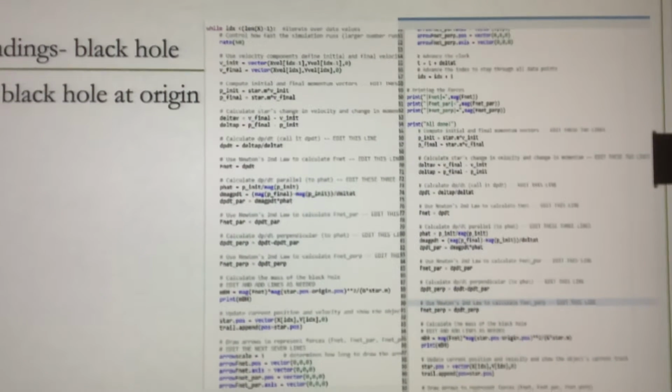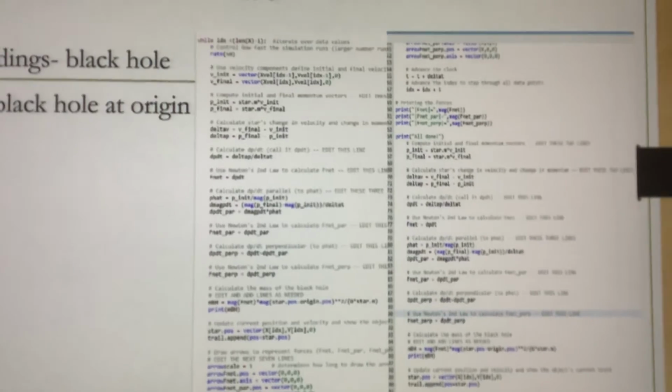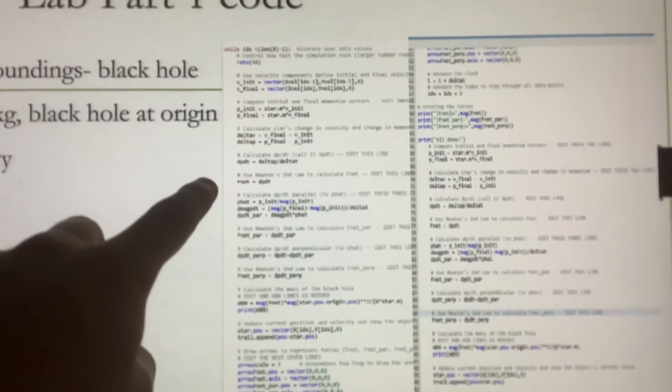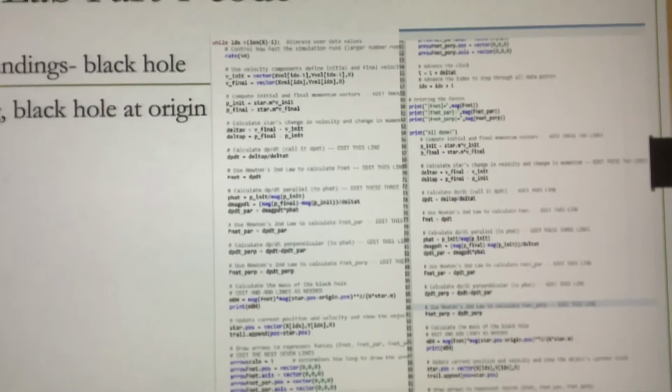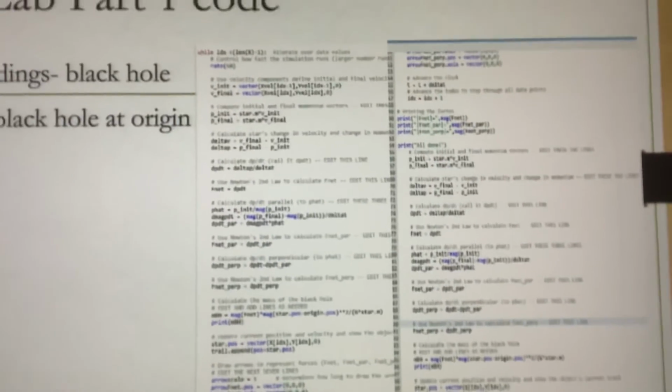Most of it was derived from the second law: net force is equal to the change in momentum over change in time, and then you have p hat calculations, and you can find the parallel and perpendicular components.